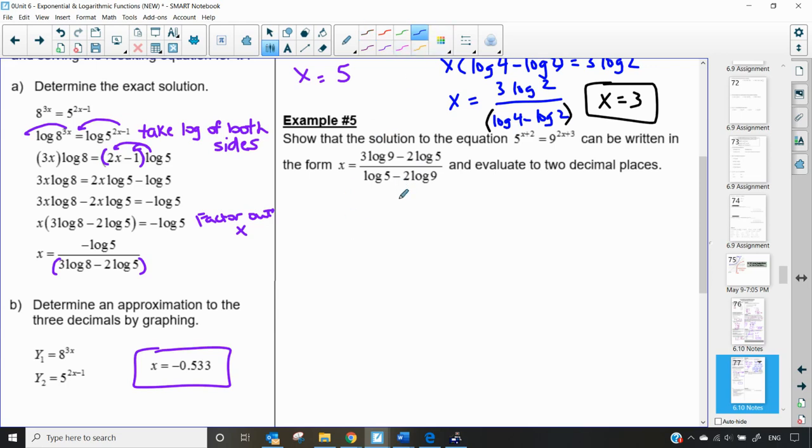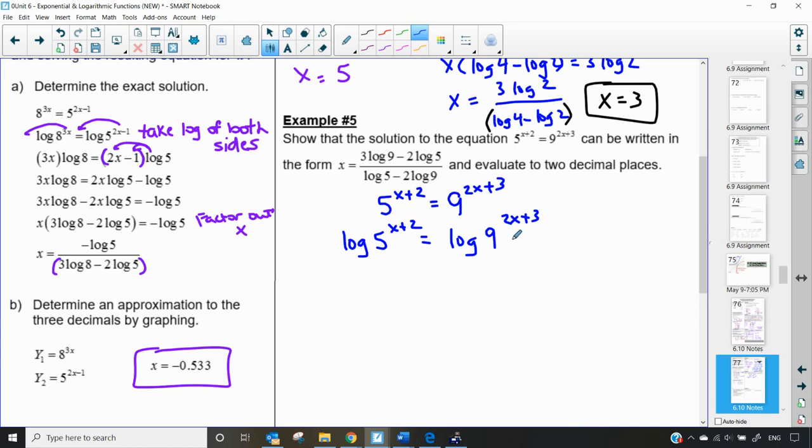So simplifying this equation, we're going to start off with 5 to the x plus 2 equals 9 to the 2x plus 3. I cannot write these as the same base, and I can't just rearrange into logarithmic form. So my only option is to take the log of both sides. So I'm going to have log of 5 to the x plus 2 equals log of 9 to the 2x plus 3.